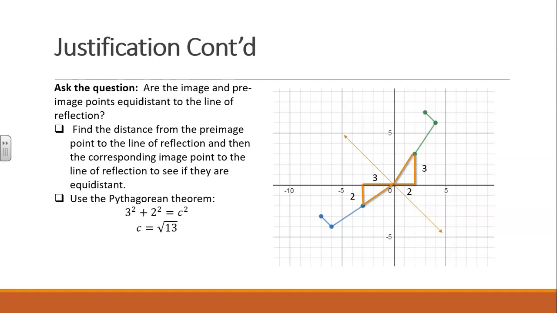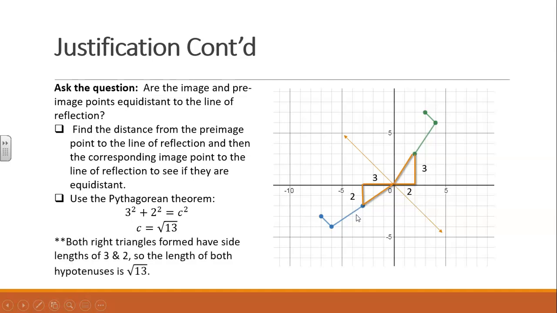I notice that these 2 triangles are the same size, so the hypotenuse for each triangle is the square root of 13, which means that these points are both square root of 13 units away from the line of reflection. So yes, these 2 points are equidistant from the line of reflection. Then I would of course need to check the other points.